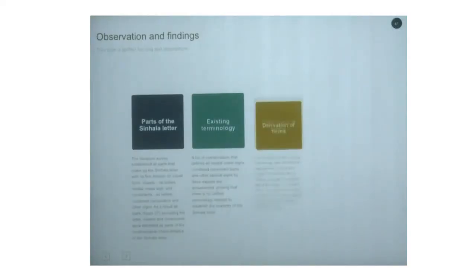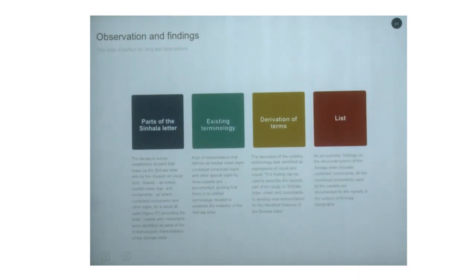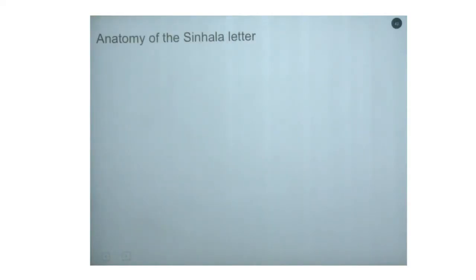So the observation and the findings: first, I figured out what makes the Sinhala letter, and this research only focuses on the areas that I spoke about, the letter as a vowel and a consonant. Second, I've identified the existing terminology. Third is how the terms came in. And fourth, I came up with a list of combined consonants which is not recorded anywhere, and which can be used as needed.